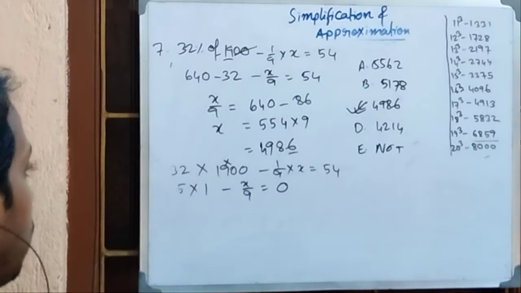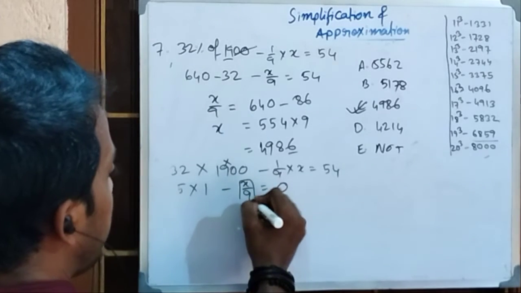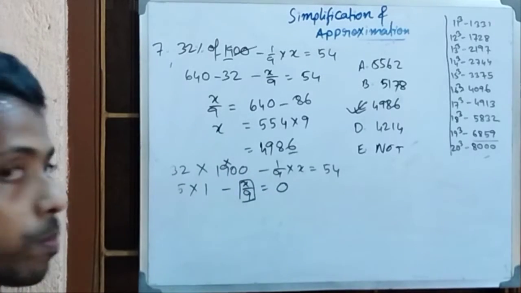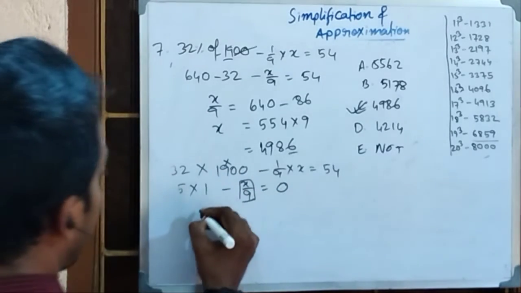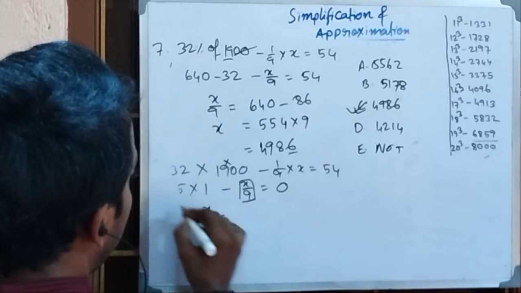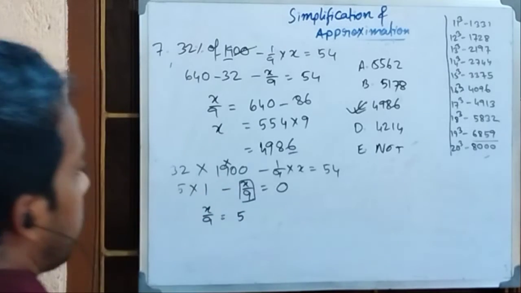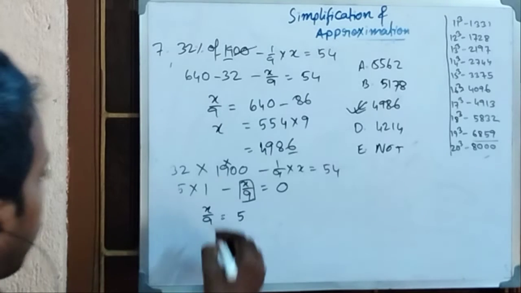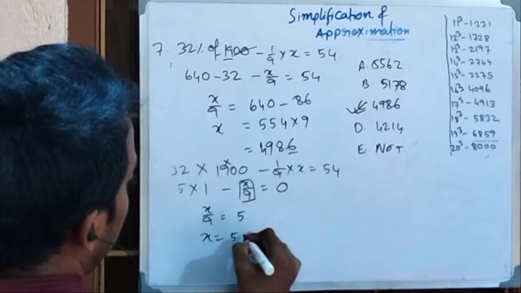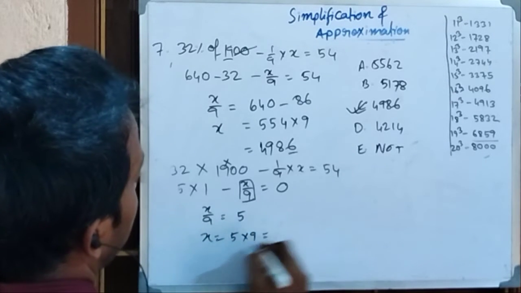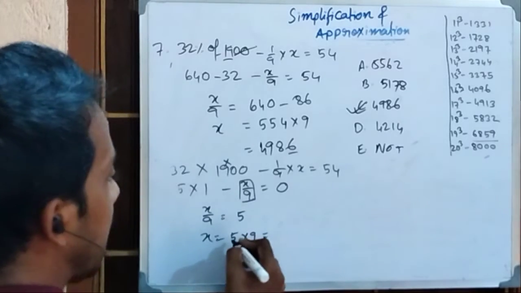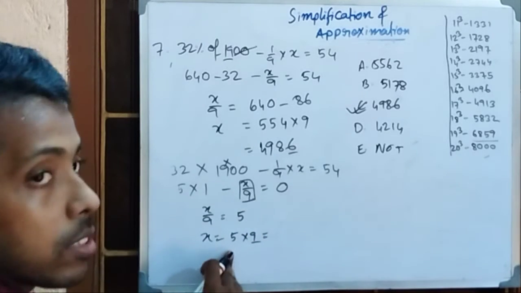In the fraction part, we cannot take 9 as 0. See, x by 9 into 5, here it is. Now x into 5 into 9. So this is a single digit sum, so nothing of importance in making the digit sum here.